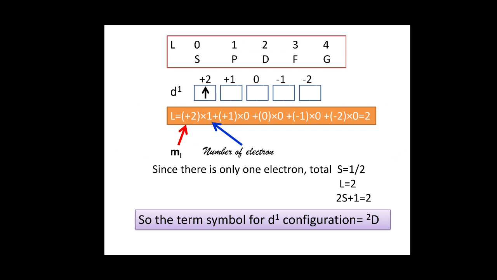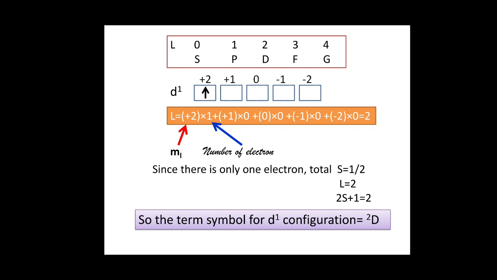If you have L value 0 then the alphabet will be capital S. If you have 1 it is represented by P. If I have 2 then I will represent by D. If it is 3, F. Okay, now let us do some examples.